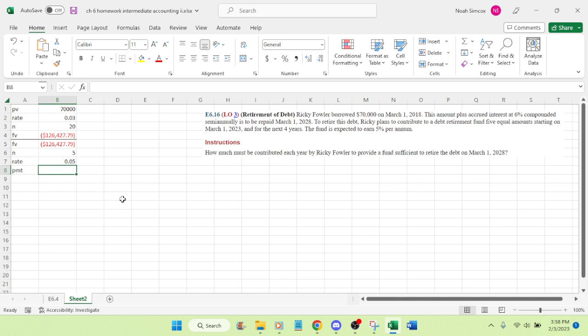But the present value is not going to be 0, so we actually have to solve for present value first. So this is going to be the amount of money that needs to be in the fund. Or that's going to be in the fund, rather. Oh, I don't know. Yeah, this is the amount of money that's going to be in the fund. And then we use all this information to solve for payment, right?